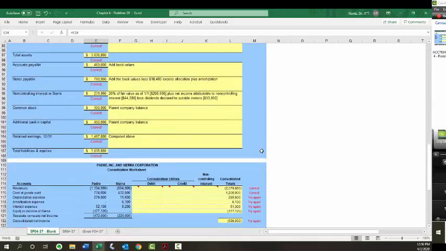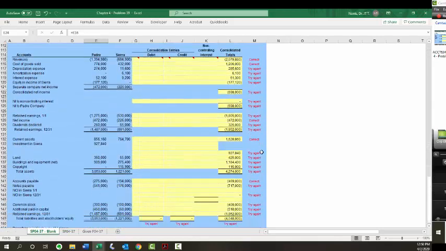All right, go down to the accountant's worksheet, and we start with the S entry. The S entry has common stock and additional paid-in capital. And by the way, it is now December 31st, 2018.